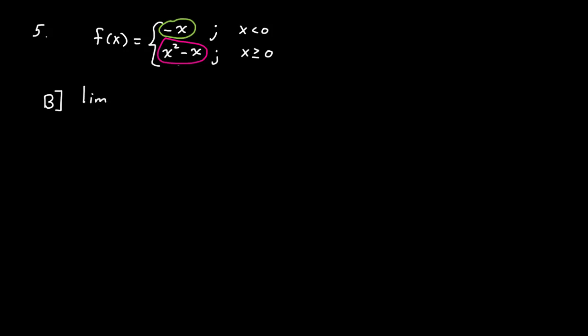I'm asking, does the limit as h approaches 0 of f of 0 plus h minus f of 0 all over h exist? Notice again that the behavior to the right and to the left are different. That means I again will need two different limit statements.